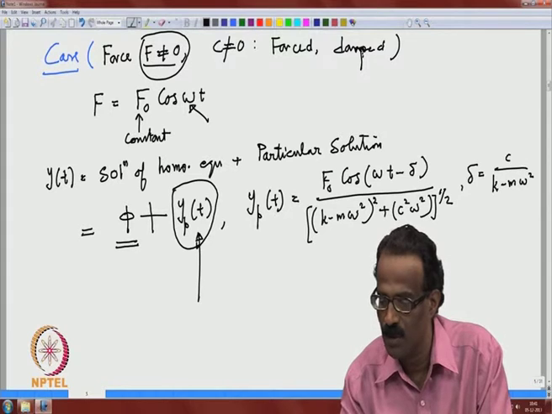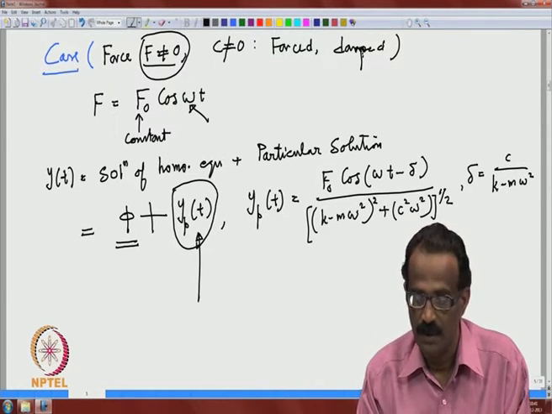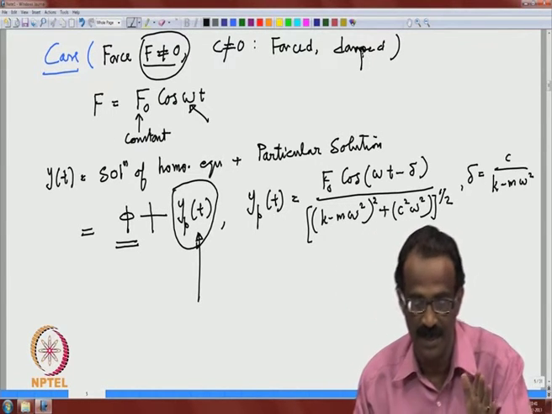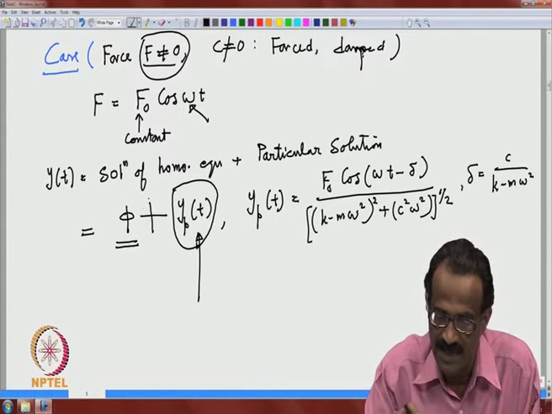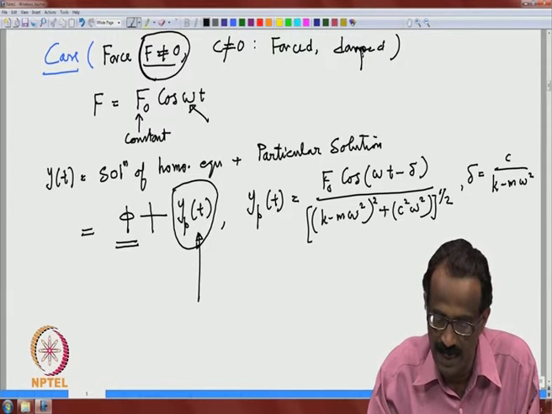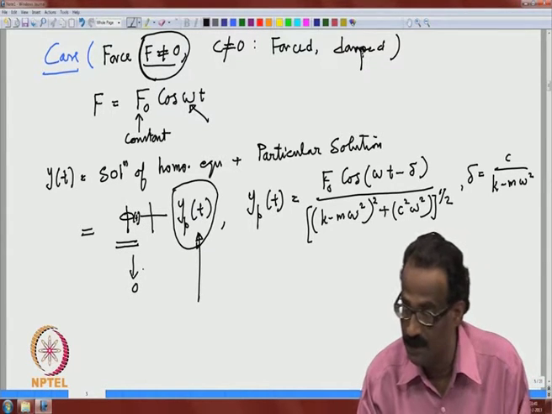So, there is no additional feature here. We have seen that in all cases with F equal to 0, the solution goes to 0. So, this is a term phi(t) which goes to 0.